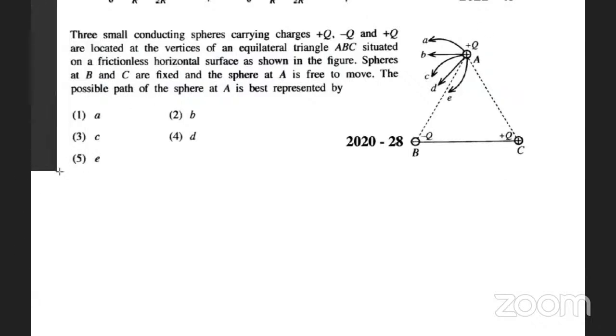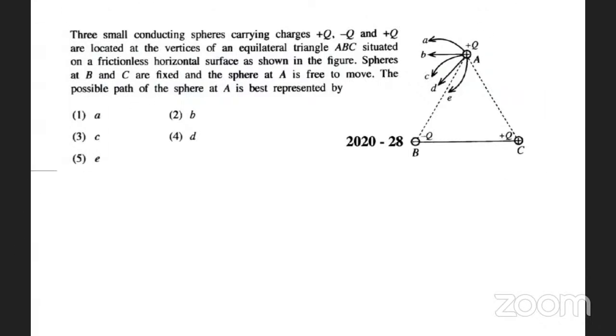Once again, this question is also based on Coulomb's law, but you have to think a little bit extra here. Let's see how we do this. Three small conducting spheres carrying plus Q, minus Q, and plus Q are located at the vertices of an equilateral triangle ABC situated on a frictionless horizontal surface as shown in the figure.